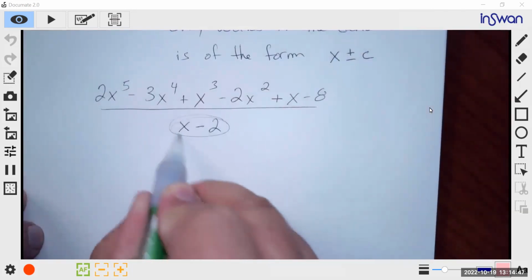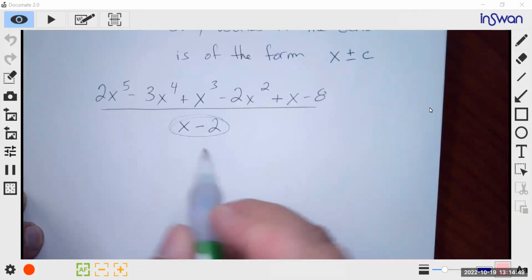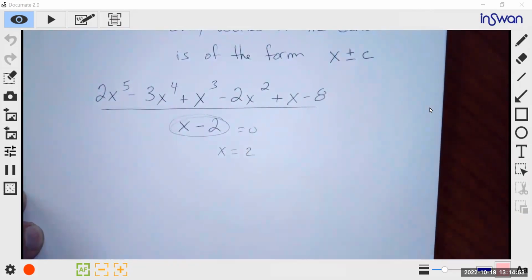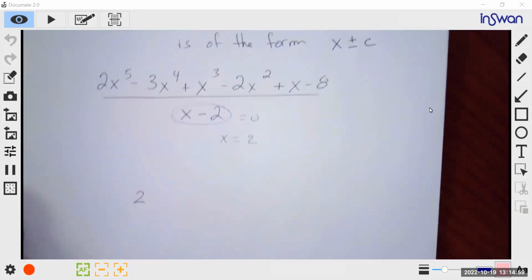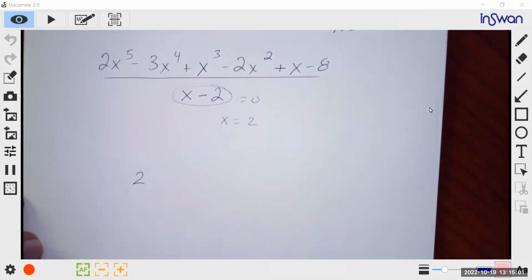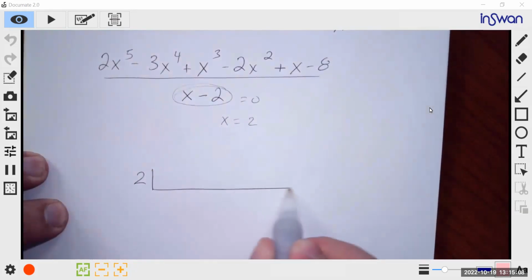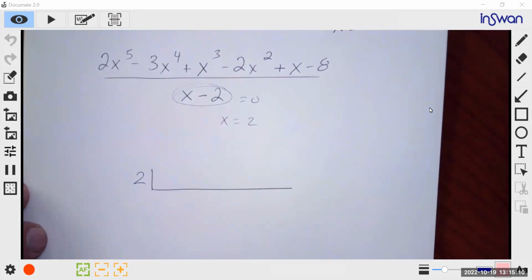With the denominator, take this, set it equal to 0, and whatever your solution is on the denominator, that goes on the outside. Now you know you're using synthetic division because it's upside down. And we only use the coefficients.